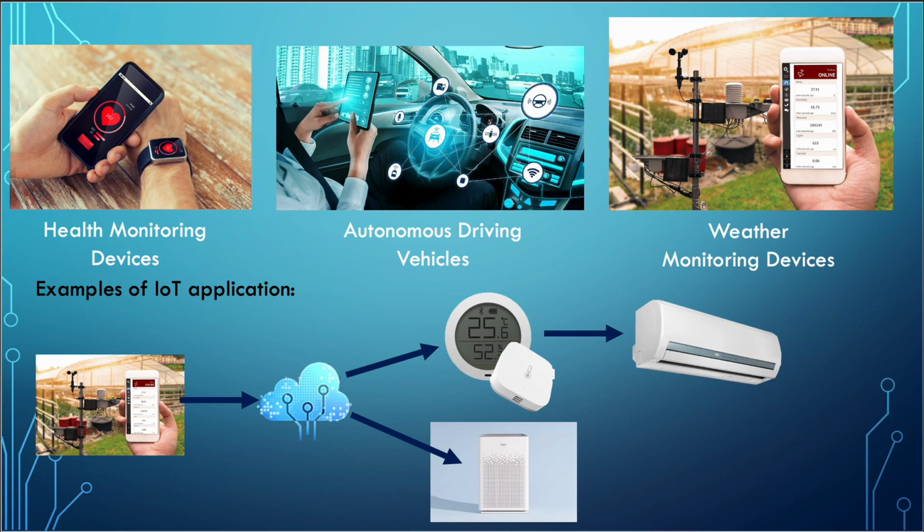If it has valves, it would have pumps, and so on. An autonomous driving vehicle is a good example of an IoT device which has most of the sensors and actuators within it.